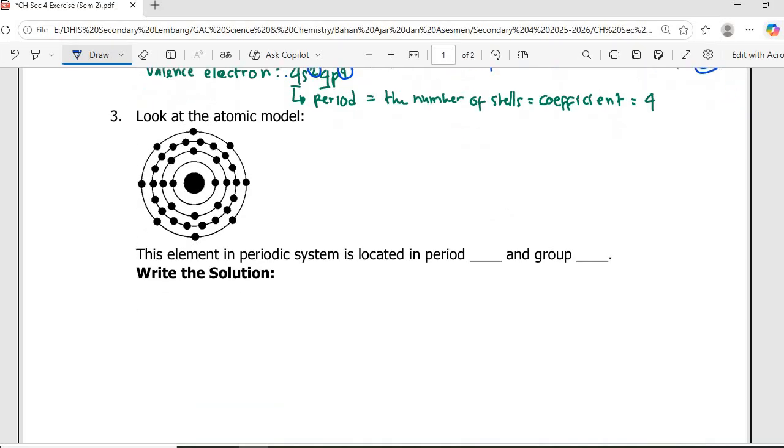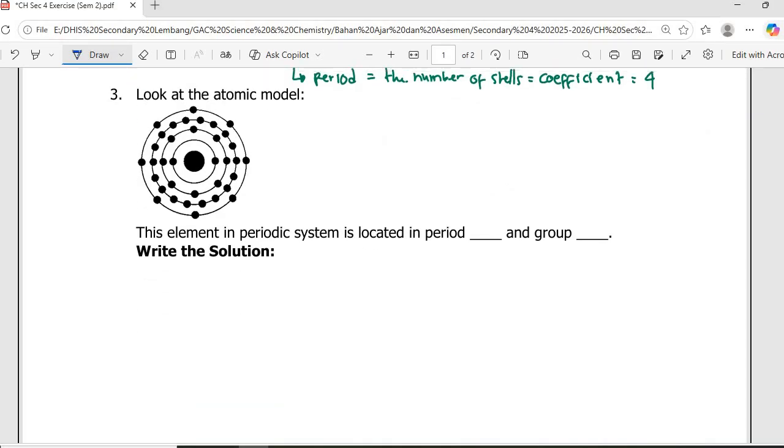Question number 3. Look at the atomic model, and then this element in the periodic system is located in what period and what group?